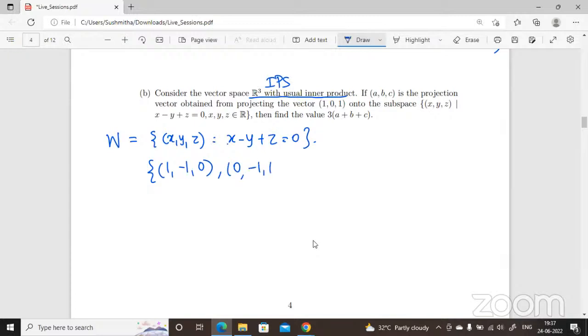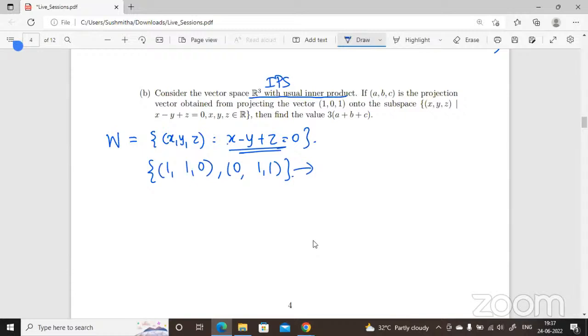It should satisfy this condition. 1, 1, 0. Yes, 1, 1, 0 works. Here also it will be 1. Yeah, 1, 1. Sorry.